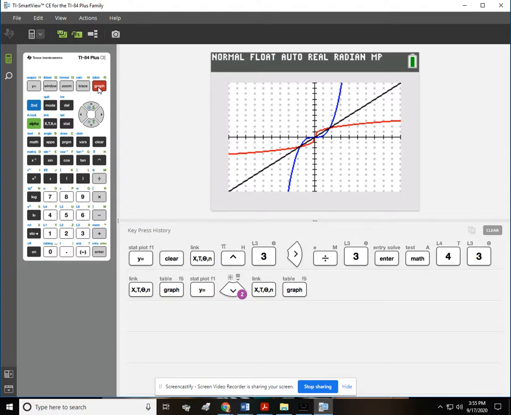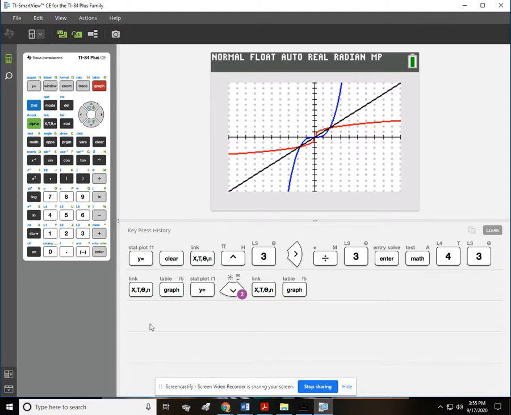So we have the cubic, all right, and then we have the cube root. I always say the cube root kind of looks like a snake. And they are a reflection over the line y equals x. So we kind of go right through them. So we would say yes, check.